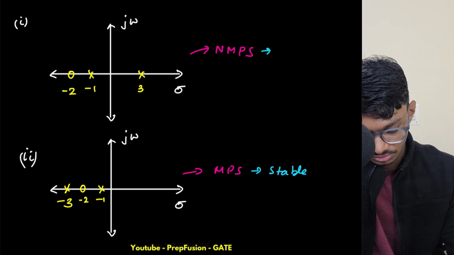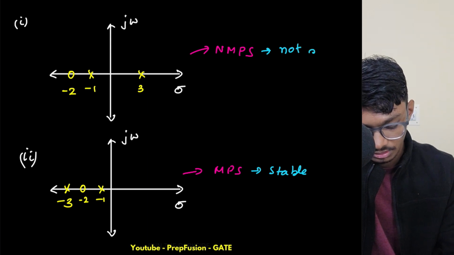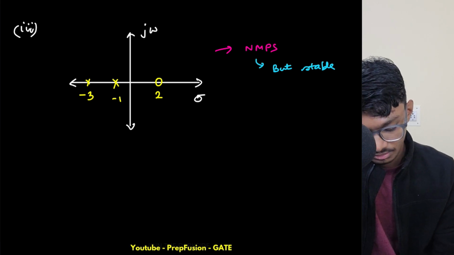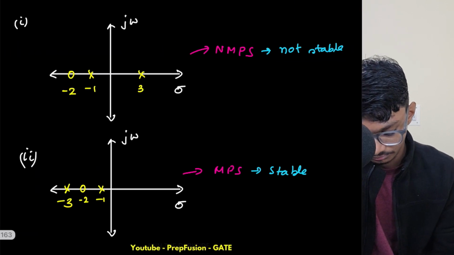A non-minimum phase system can be stable as well as not stable. Both of them can happen.